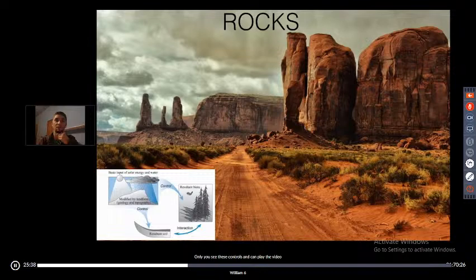All right. So the next would be rocks. The rocks are the basis for everything, because once you understand rocks, you can understand hydrology, geology, and pedology and everything.